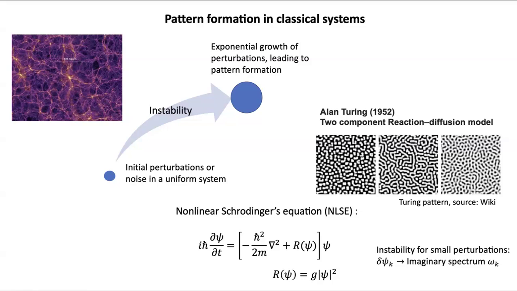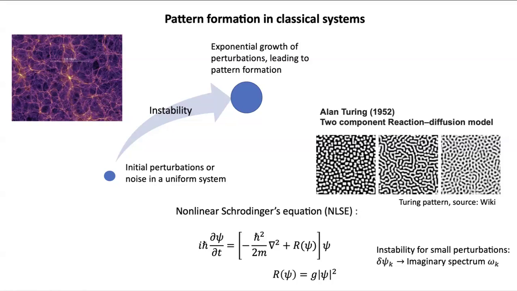Basically, the nonlinear interaction could be attractive, making the wave keep increasing its amplitude, or repulsive, where having too much amplitude will suppress the growth of the amplitude. But anyway, you can also feel it as some kind of reaction-diffusion. So this nonlinear Schrodinger equation, as I will show you, will also give you very interesting self-patterning models.